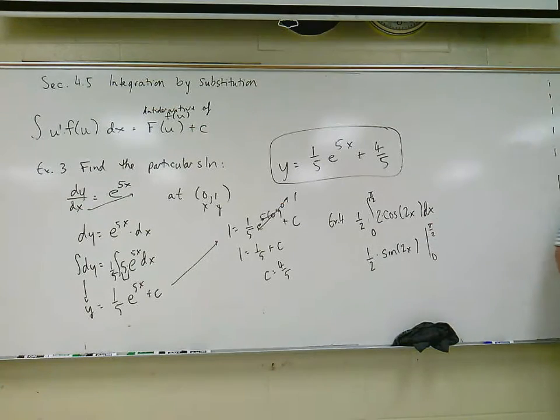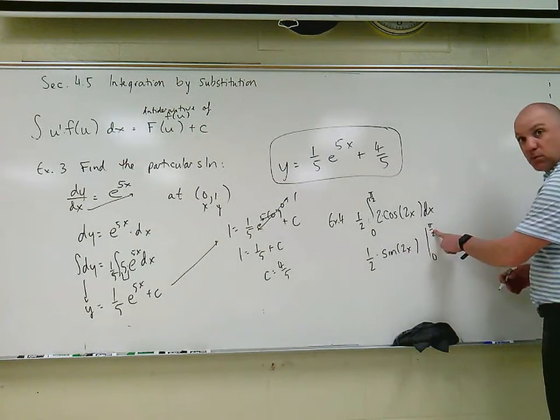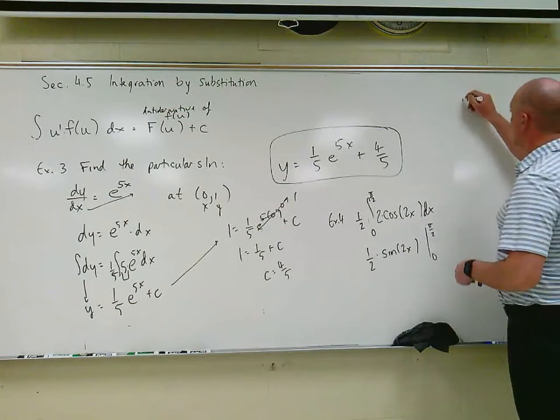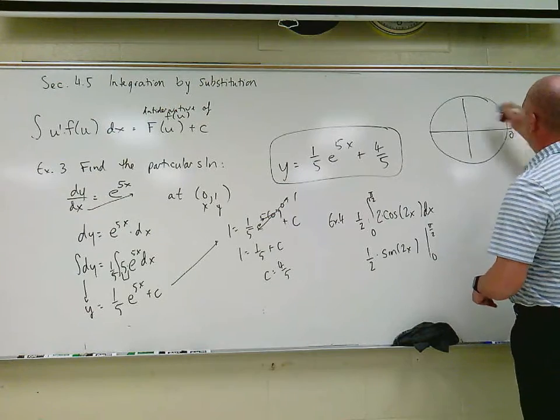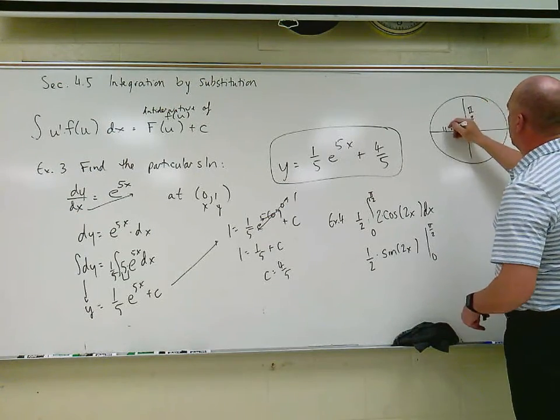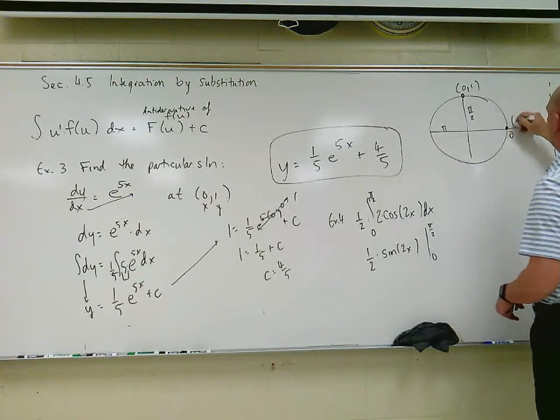So what's going to happen when these limits go in? I'm going to do 2 times whatever these are. So it'd be a good reminder that at quadrant angles, 0, pi over 2, pi, we use the point on the unit circle to evaluate.